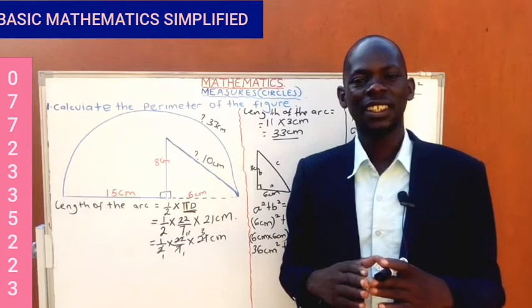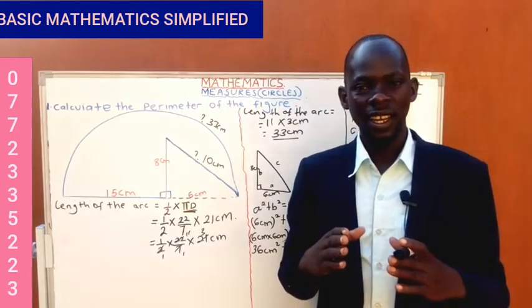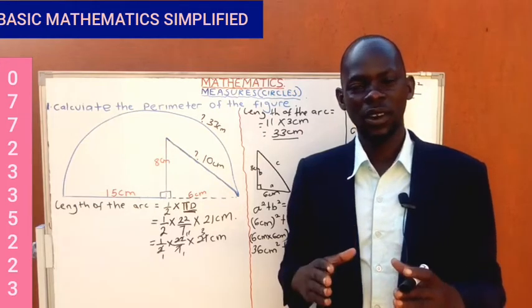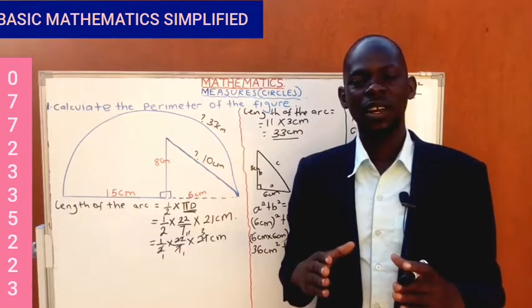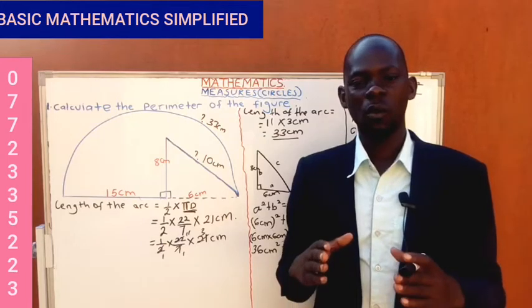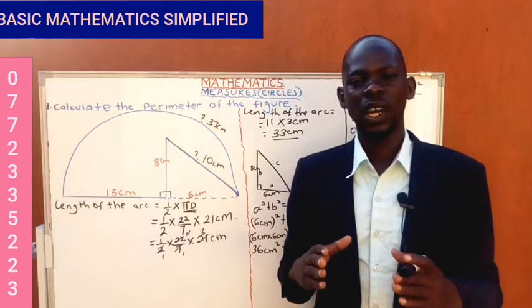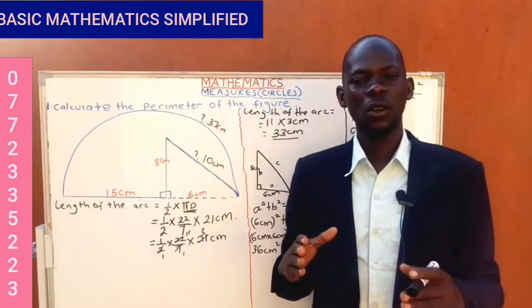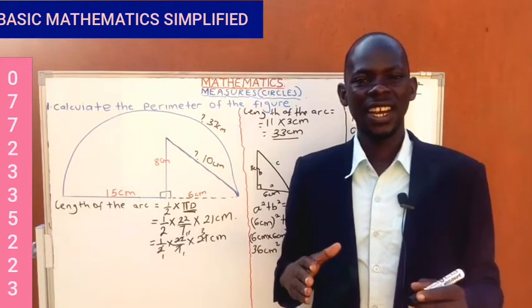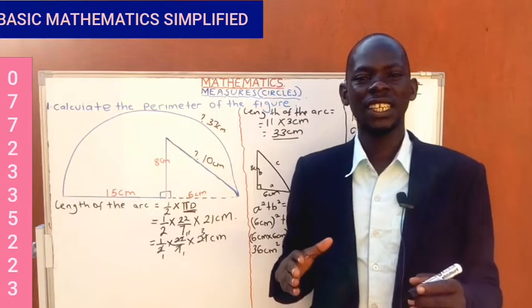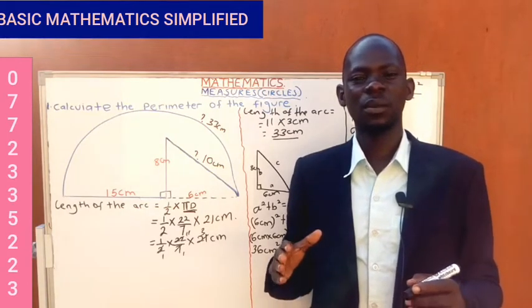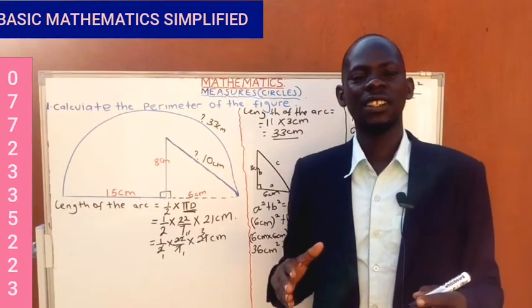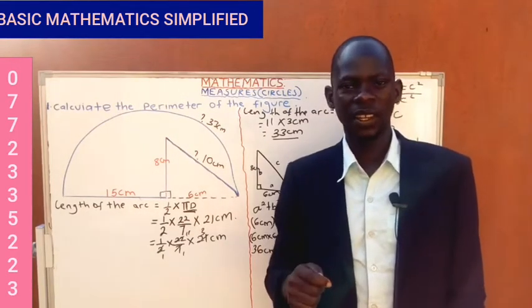Calculate the perimeter of a quadrant whose radius is 14 decimeters.